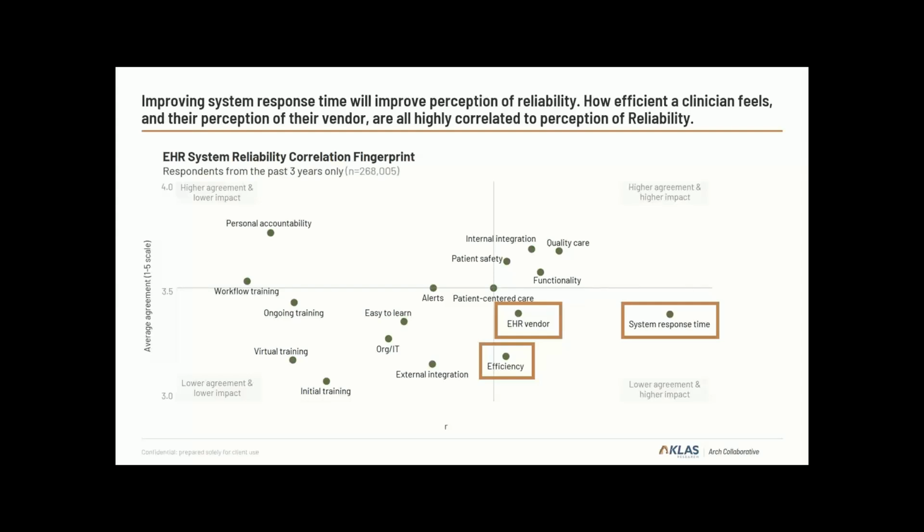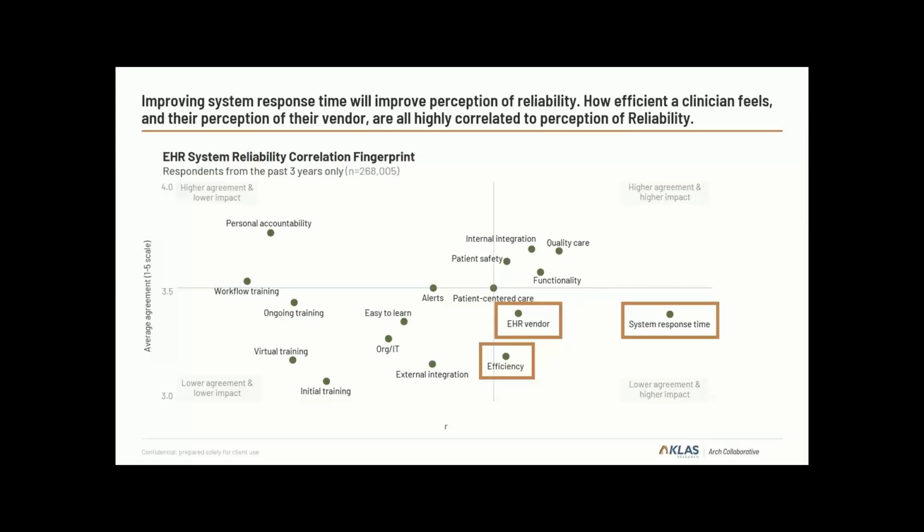But the three that score low that are also high impact: investment in the market reflects this, which EHR vendor, also efficiency. If they're scoring how efficient they are, it's low. But system response time scores low and is farthest to the right.